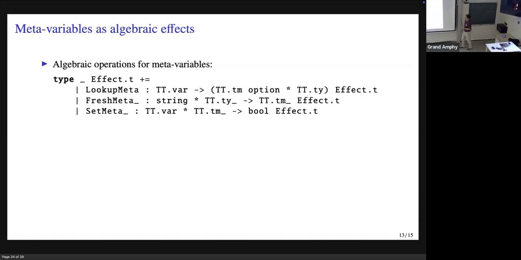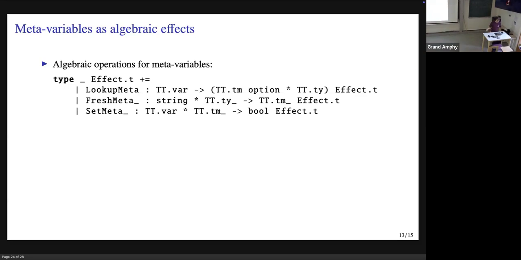But the point right now is that when you create a meta, you say what its type is, but then what you get back is a term that you will insert for the hole. Because the term that you will insert for the hole is not a pure meta. It's a pure meta applied to all the local variables.